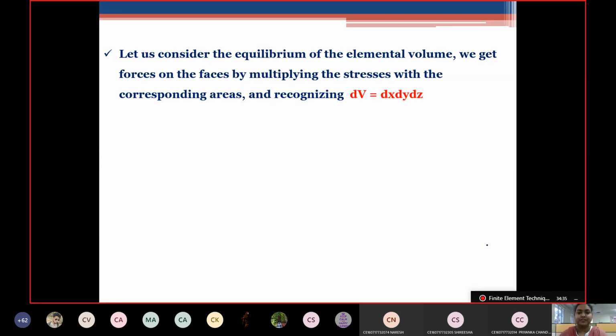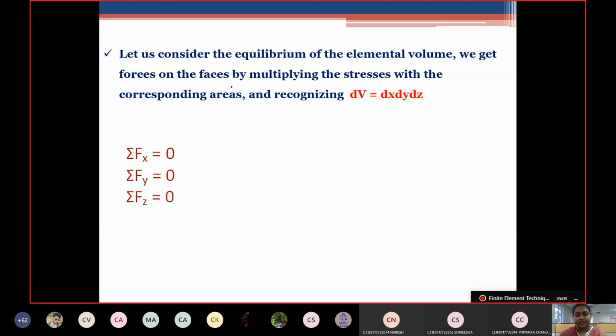All right. When we are going for the 3D element, because we have three coordinates, three directions, what we are going to see here is that the algebraic sum of forces along x direction is 0, along y direction is 0, and along z direction is 0. Now, let us consider the equilibrium of the elemental volume.